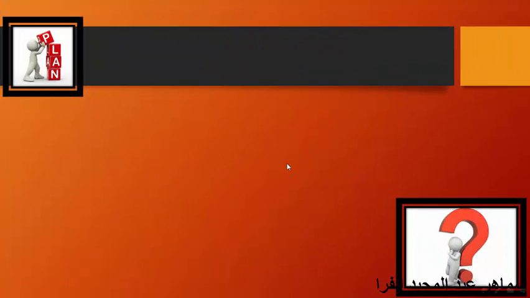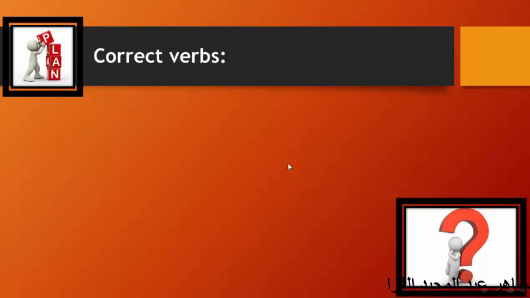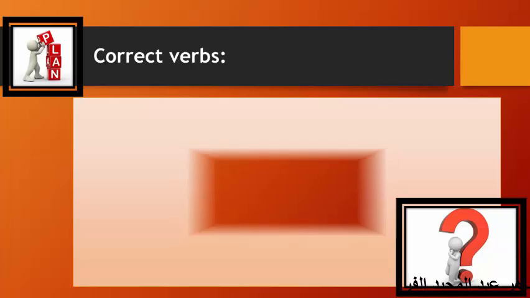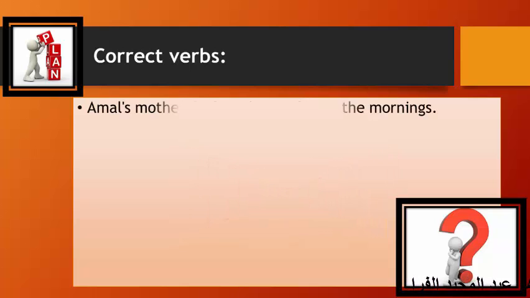Let's have here an activity: correct the verbs. Sentence 1, Amal's mother go to the market in the morning. Go here is wrong. So what is the correct form of go?